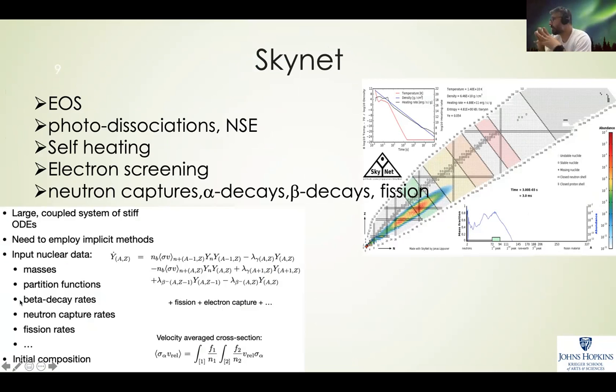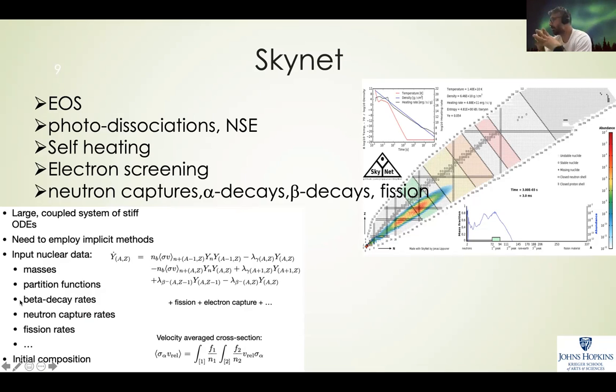It's evolving, and in this work, the r-process nucleosynthesis in the merger ejecta is performed based on the Skynet developed by Lippuner and Roberts in 2017.